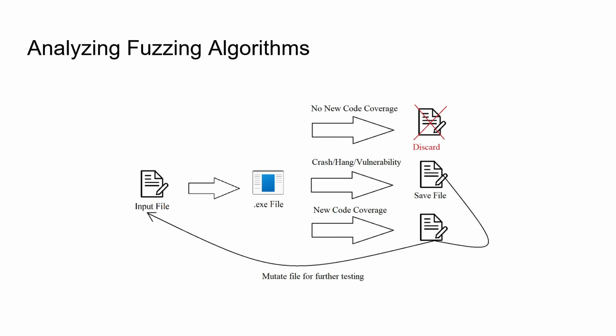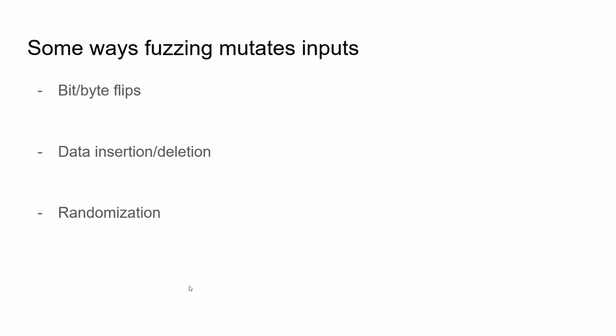If there is a crash or a hang or a vulnerability discovered by the input file, the fuzzer will save the file and then mutate the file for further testing. The same thing happens if there is new code coverage, because that allows the fuzzer to look at other code that has previously not been hit.